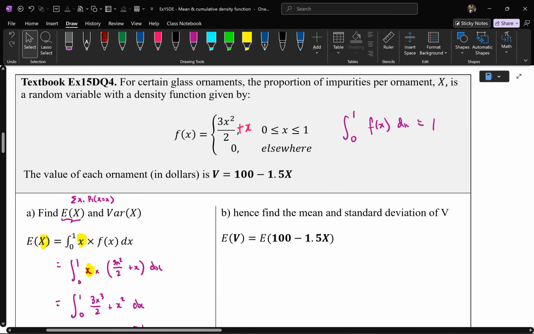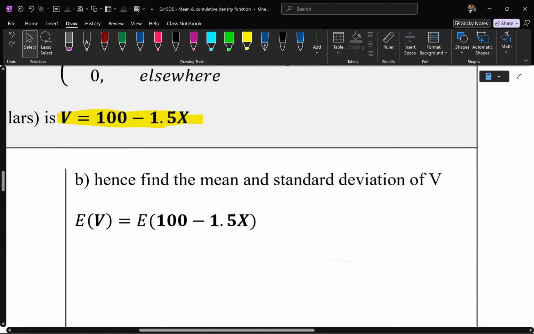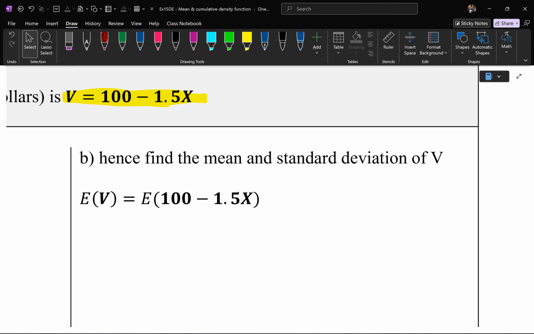With this ornament, notice on the bottom they said the value of each ornament in dollars is given by 100 minus 1.5x. The question is, find the expected value not of x, but this time of v.